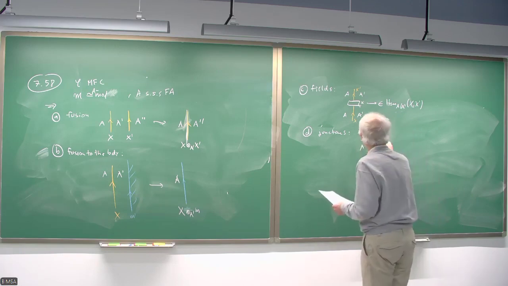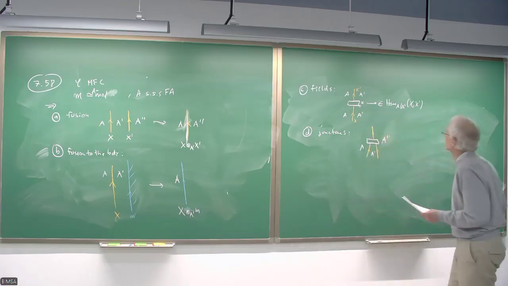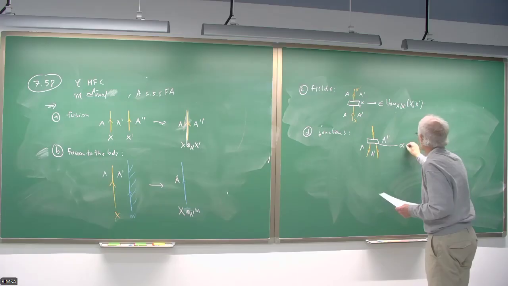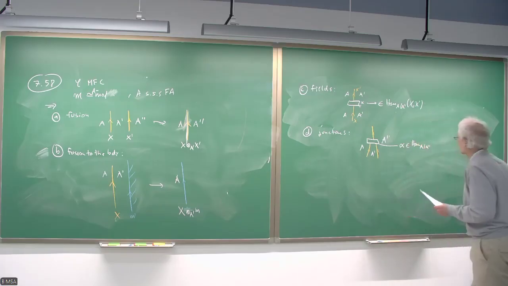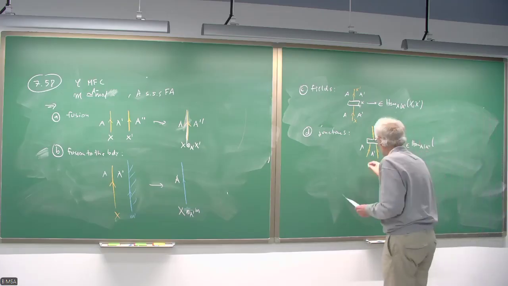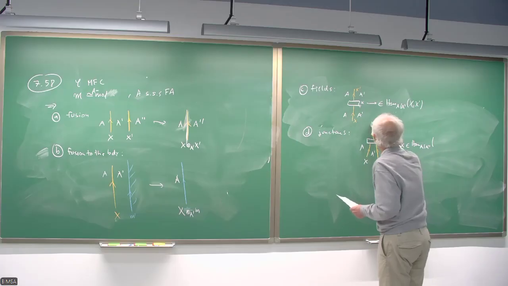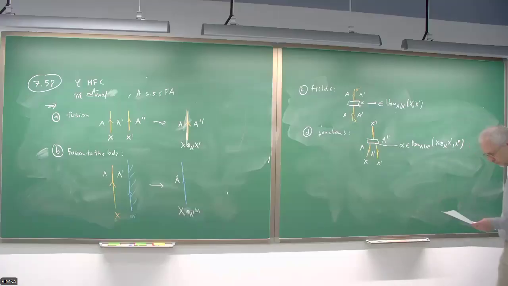Then I have a double prime, say, here and a prime here, and then alpha will be in the morphism space of A prime modules from X tensor over A prime X double prime.